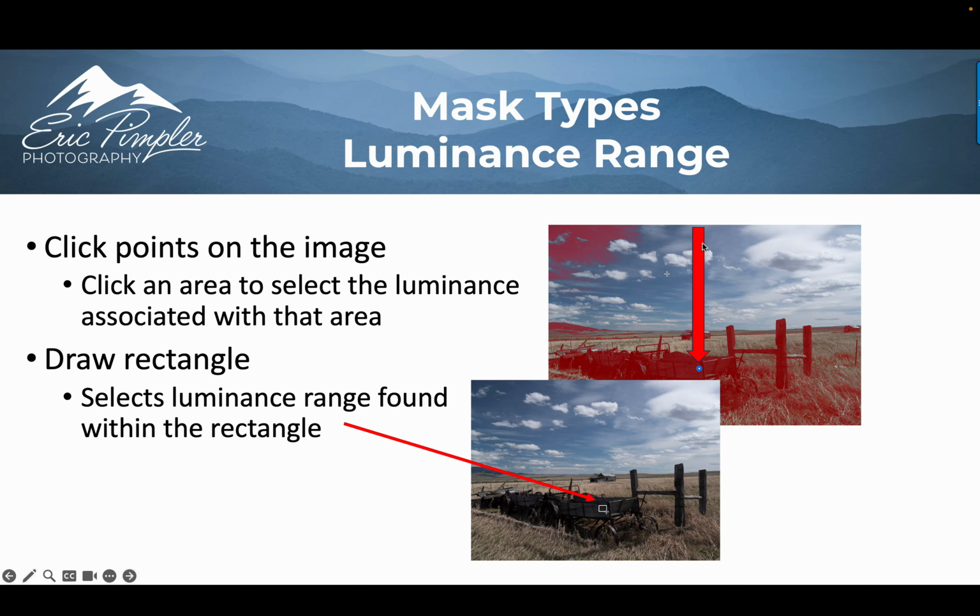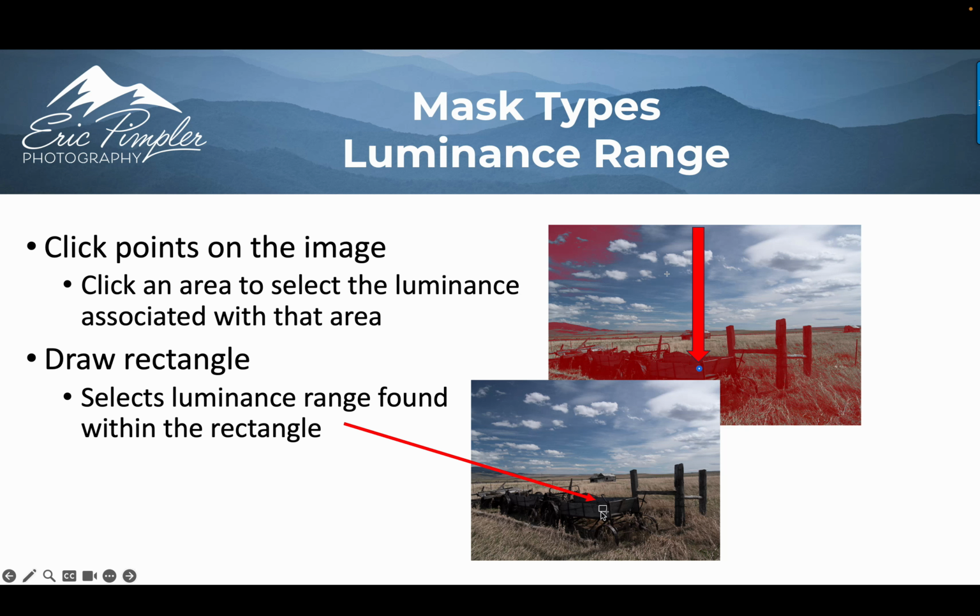And so you can see some of the darker areas in the sky, in the background, this little hill, part of that has been added as part of the mask. The entire farm implement has been included. Some of the grassy areas, the fence posts, right? So all that's been included because it's been identified as being the same luminance value as the point that I clicked on the photo.